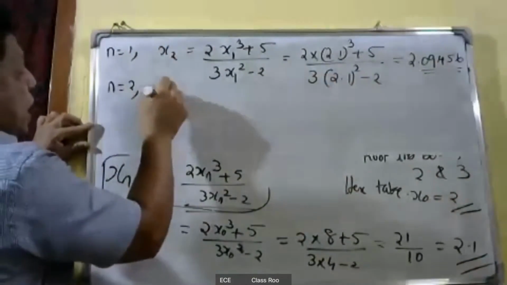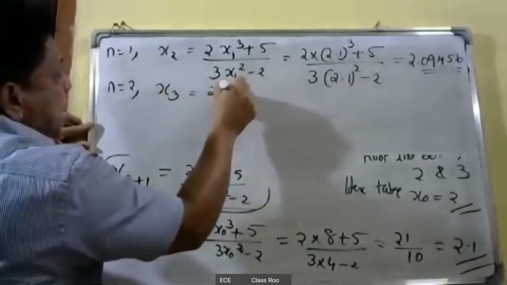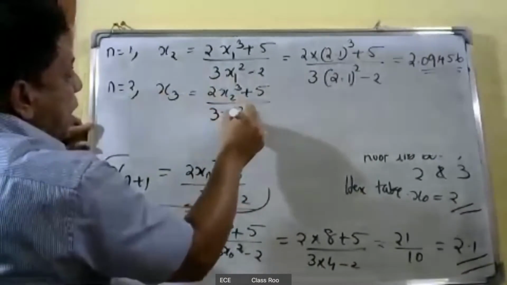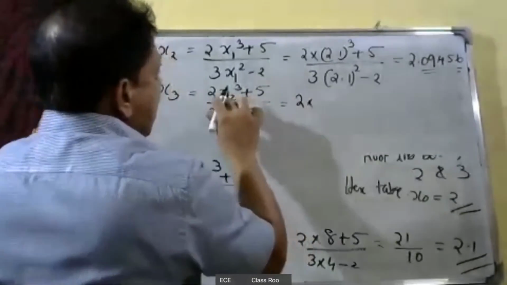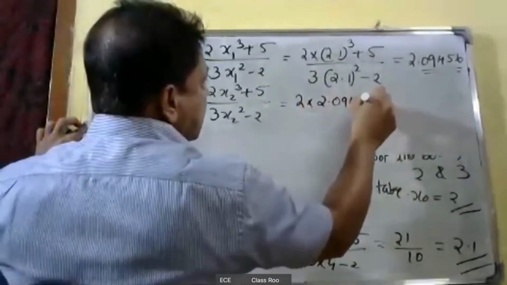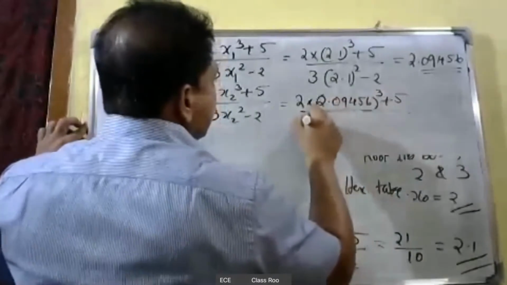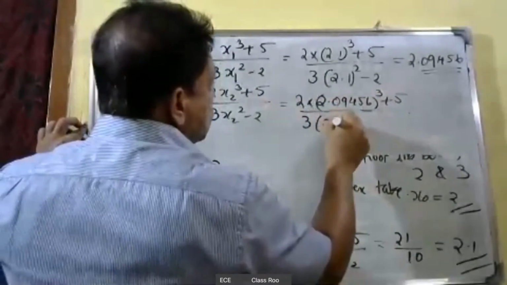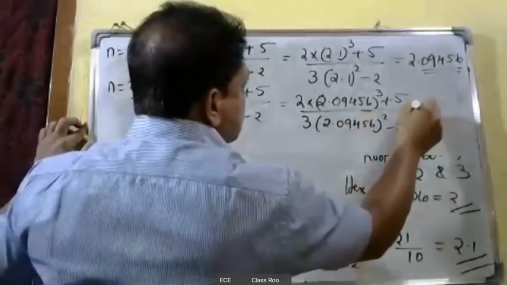When n is equal to 2, x3 is equal to 2x2 cube plus 5 divided by 3x2 square minus 2. Then 2 into x2 is equal to 2.09456 whole cube plus 5 divided by 3 into 2.09456 the whole square minus 2.